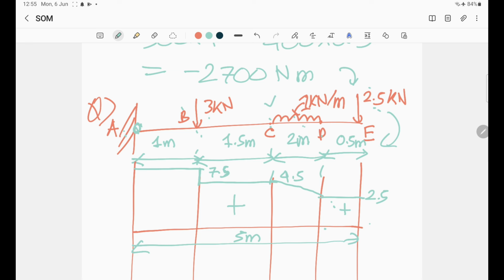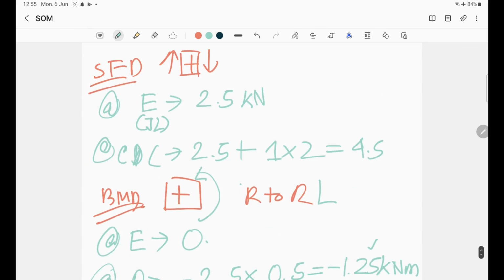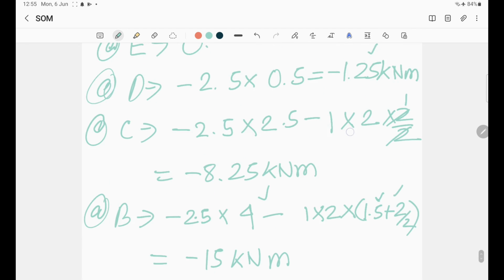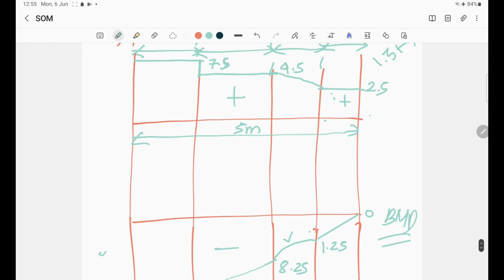Minus 1 into 2 is the load portion, and for the distance it will be 1.5 plus 2 by 2. The distance 2 by 2 remains the same, but we'll add 1.5 since we are taking from B. So that's what we have done here at B: minus 2.5 into 4 minus 1 into 2 into 1.5 plus 2 by 2. This gives you minus 15 kilonewton meter.